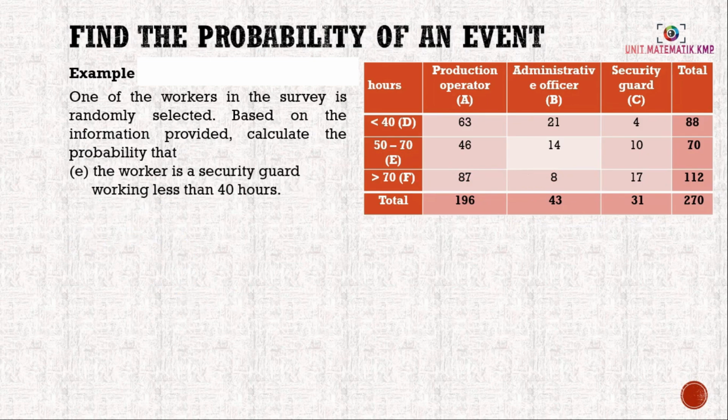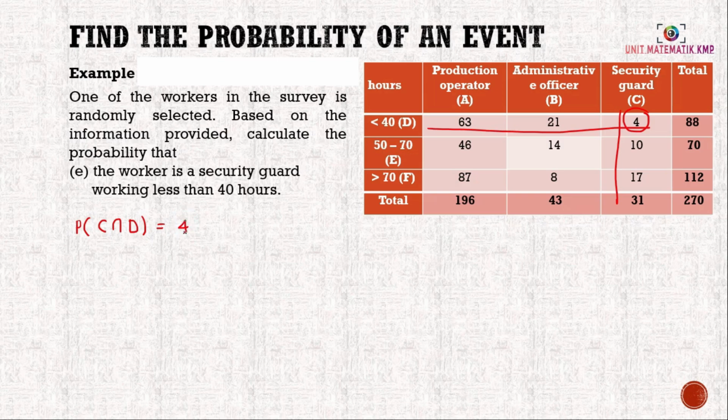Okay, next. Calculate the probability the worker is a security guard working less than 40 hours. So yang ni memang dia tak cakap N, tapi based on the words ataupun the sentence, we can say that it asks us to find the probability of C, which is security guard, intercept dengan D, because it happens at the same time lah, C intercept D. Okay, so kita tengok daripada kita punya table C dan juga D. Okay, yang intercept adalah bahagian sini.